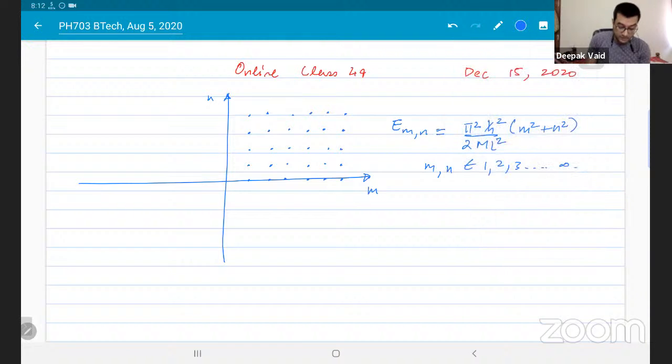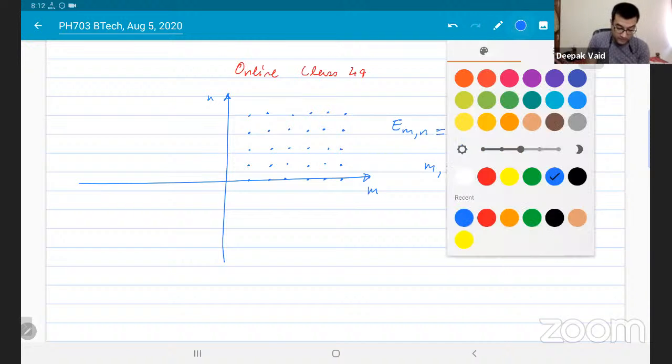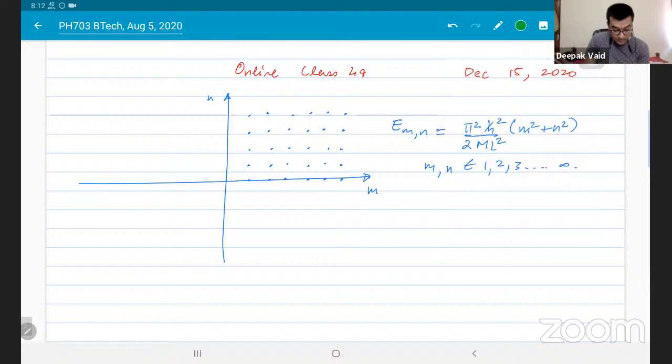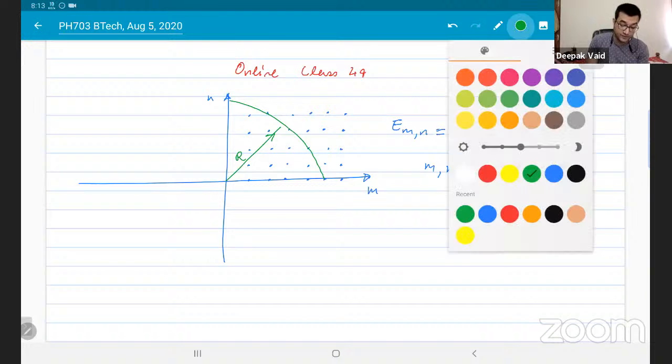Now, if we consider a large value of the energy, let us consider a circle or a segment of a circle in the plane like this, whose radius is r, let's say.